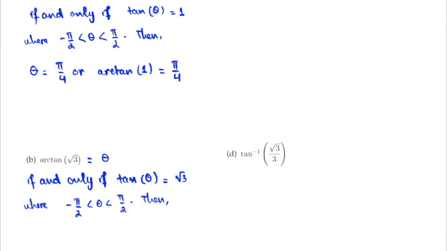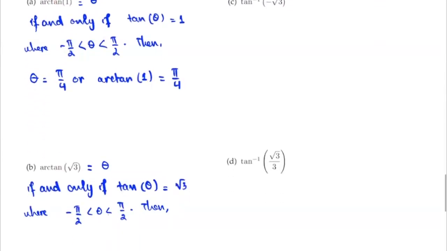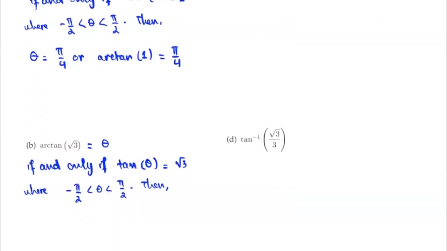Since tangent of theta is equal to root 3, the corresponding angle must be pi over 3. So inverse tangent of root 3 is equal to pi over 3.